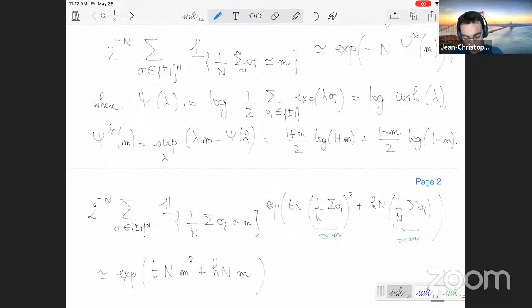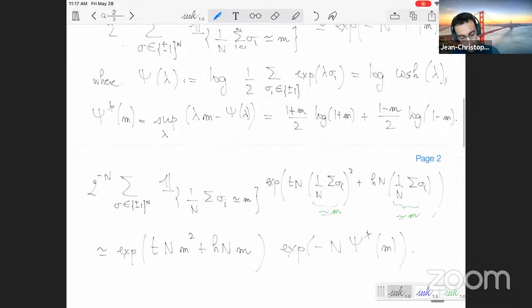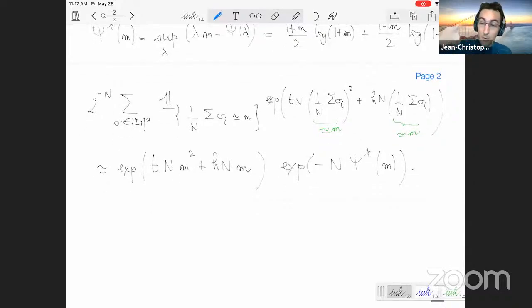So it's exponential of minus n psi star of m.